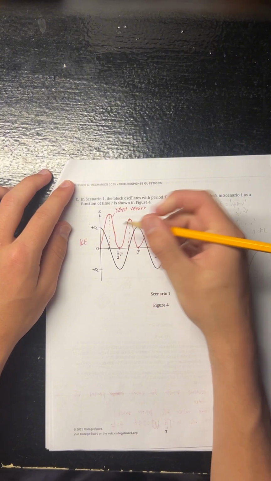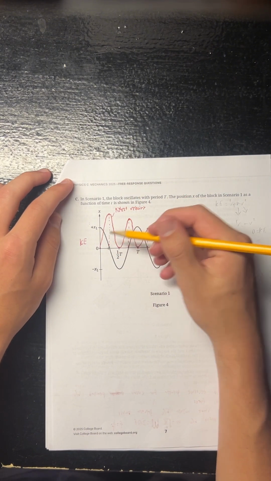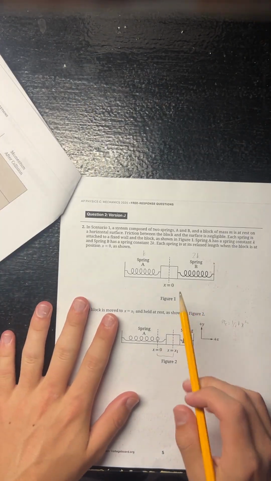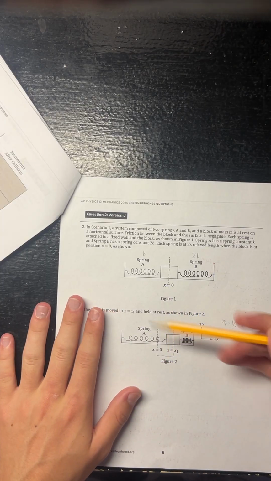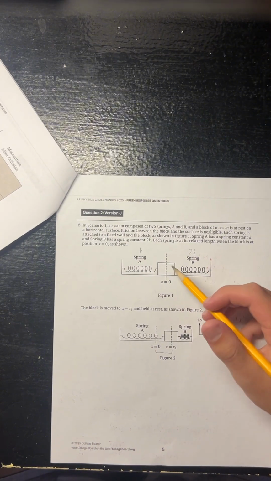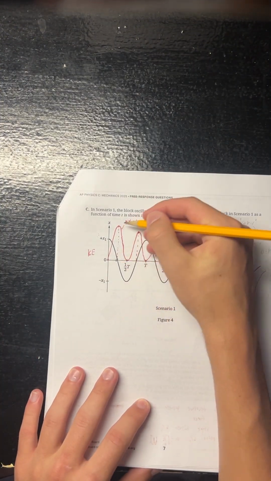So right when the position of the block is at 0, which is seen here, when it's at 0, it's at its max velocity. So when it's at its max velocity, its kinetic energy is the greatest. So that would be here. This is the highest kinetic energy.